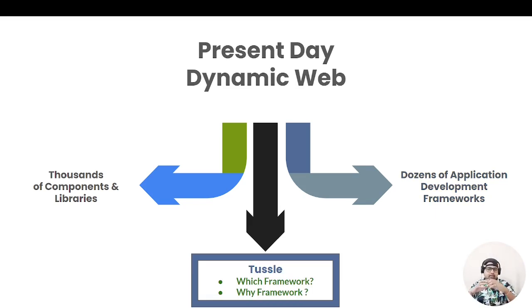In the present day, there is a tussle among web developers over which framework to use. We are equipped with dozens of frameworks, and every framework has its pros and cons based on the business need.